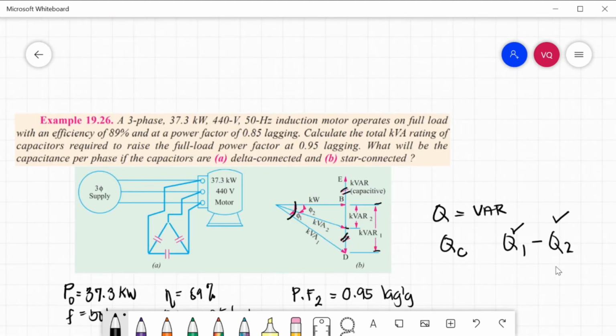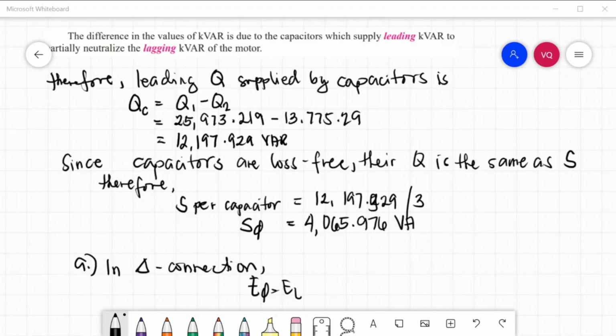To do that, we need to get the difference of your Q1 and Q2. That will be equal to 12,197.929 var. So, since capacitors are loss-free, their reactive power is the same as the apparent power.